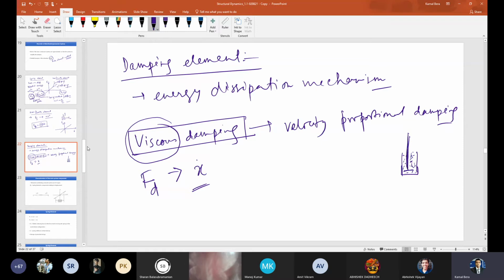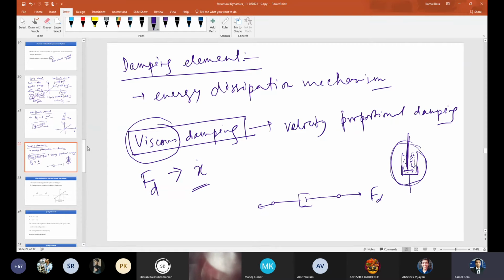When this piston moves, the oil or water provides some resistance to the motion, thereby dissipating the energy. This is the basic mechanism we consider for the viscous damping model, and in books you will find this type of configuration.